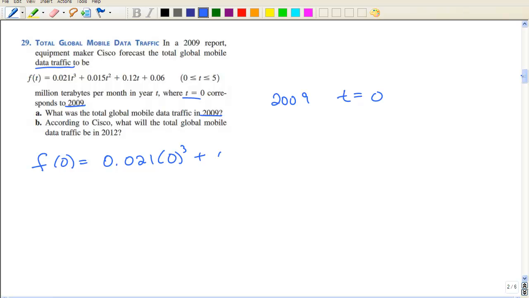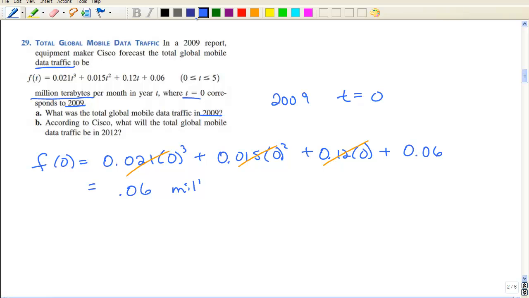Now hopefully you really don't need to write this step out, but I just want to show you where the answer is coming from, because multiplying by 0 is just so easy. And so we would get 0.06, and notice that is in million terabytes. So that's 0.06 million terabytes in the year 2009.